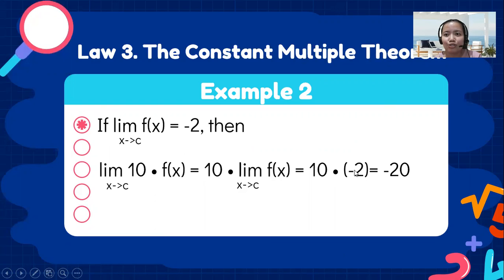We just substitute it. We'll multiply 10 times negative 2, which is equal to negative 20. Laws number 4, 5, 6, 7, and 8 will be on the next video.